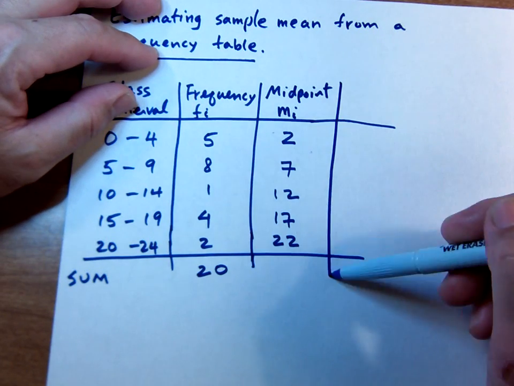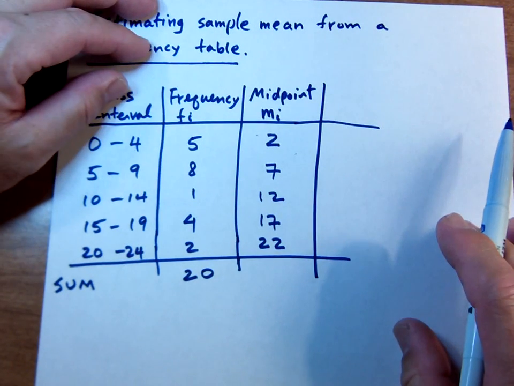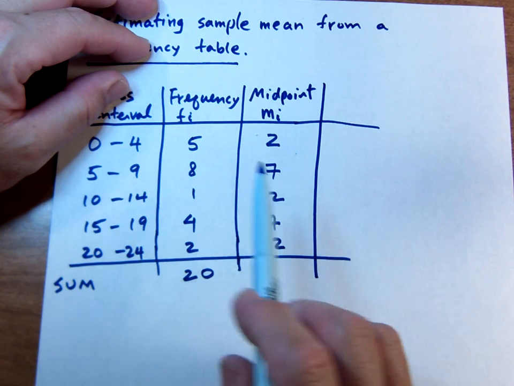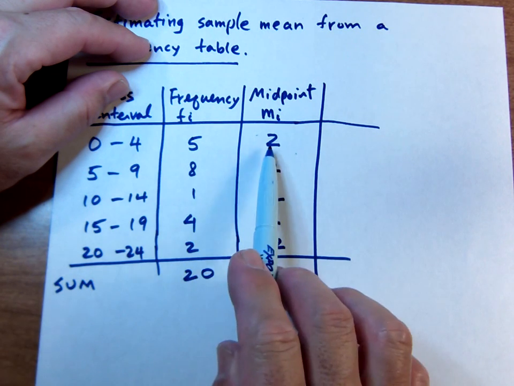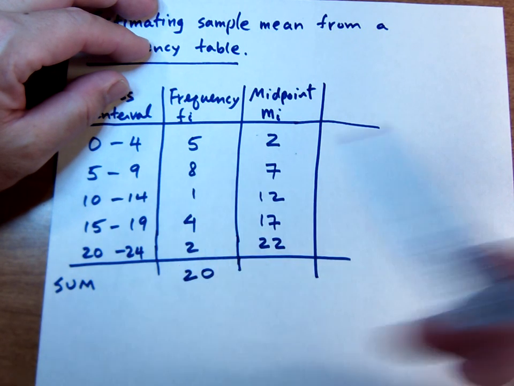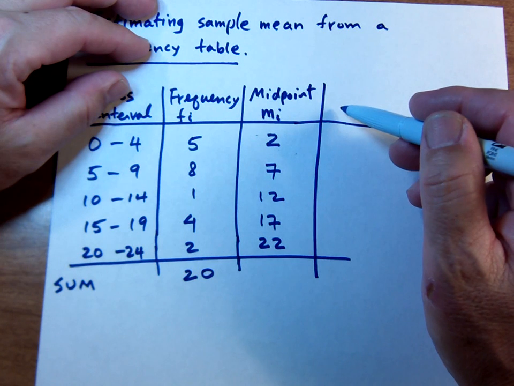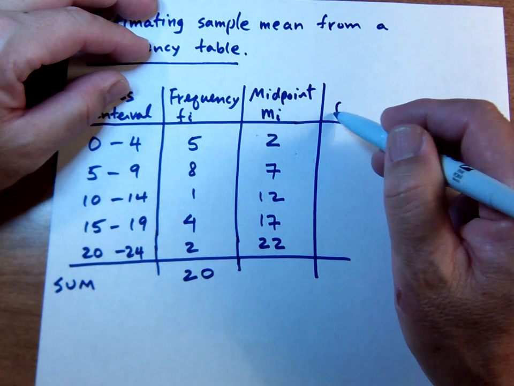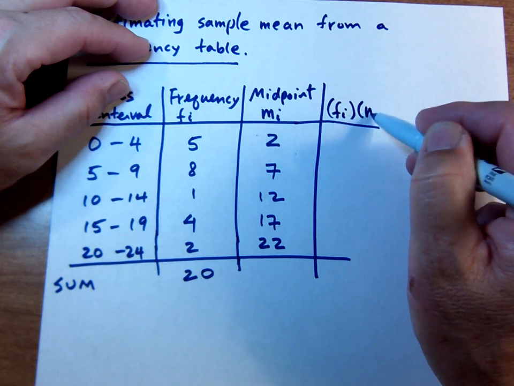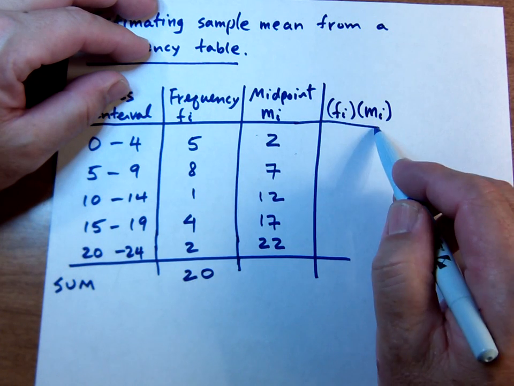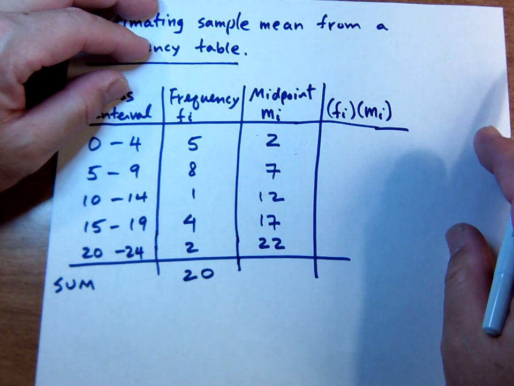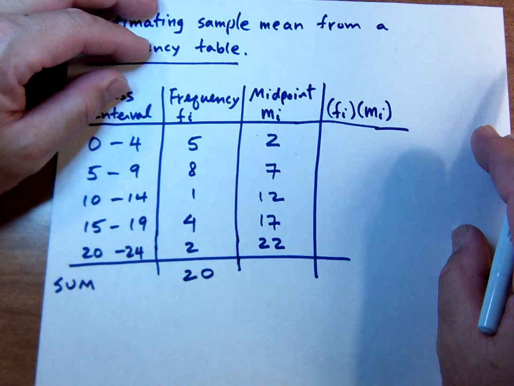We just need one more column, and that is where we multiply the frequency by the midpoint. I think in class I did Mi times Fi, but it doesn't matter since multiplication is commutative. It doesn't matter whether it's Fi times Mi or Mi times Fi.